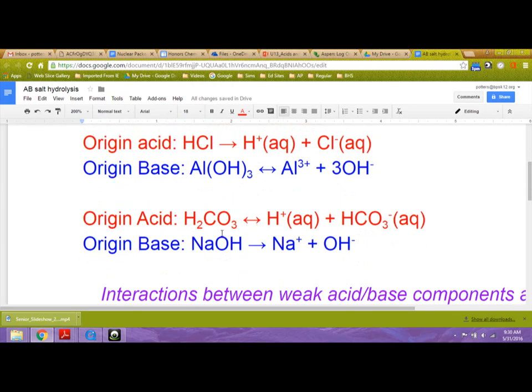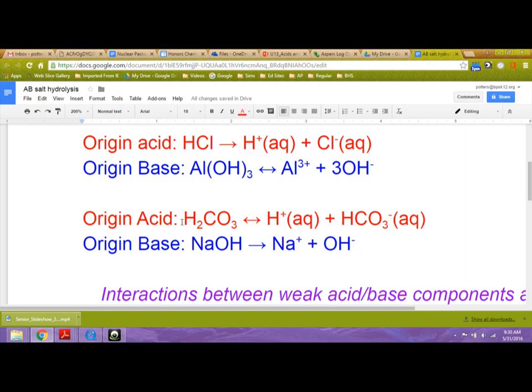So again, the sodium hydroxide would be the origin base that we would associate it with. Again, that's a one-way strong base. Sodium ions separate, they stay separate from the hydroxide ions when that dissolves in water. And so we do not see the sodium reattaching itself to hydroxide ions.